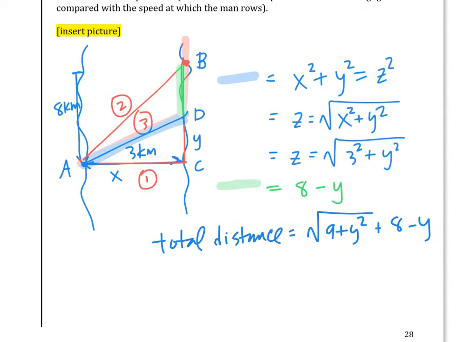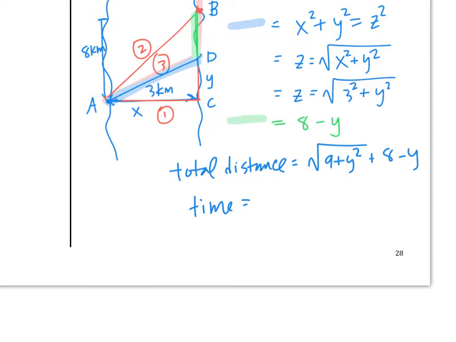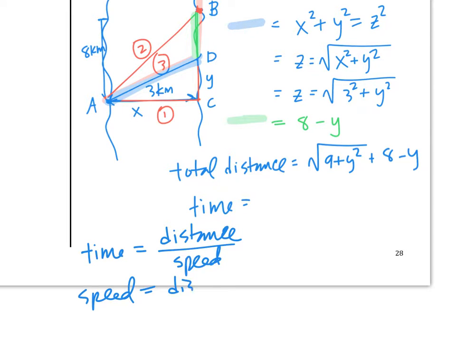Now time. How do you find time from rate? Time is distance divided by speed. If you can't remember that, speed is always distance over time, right?